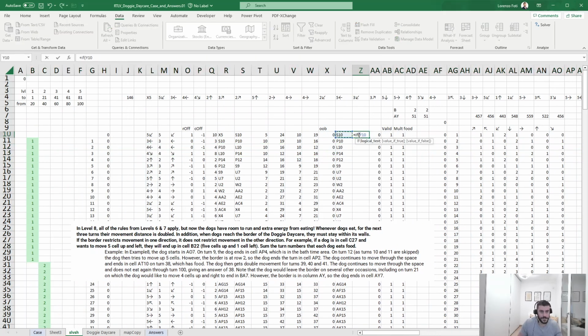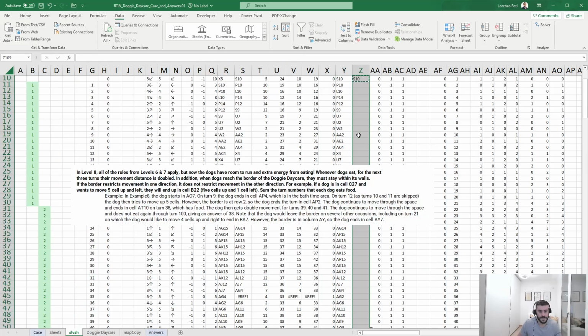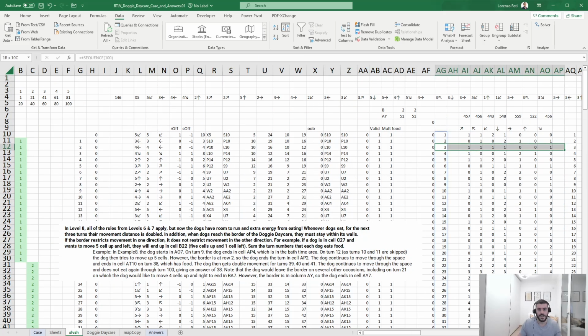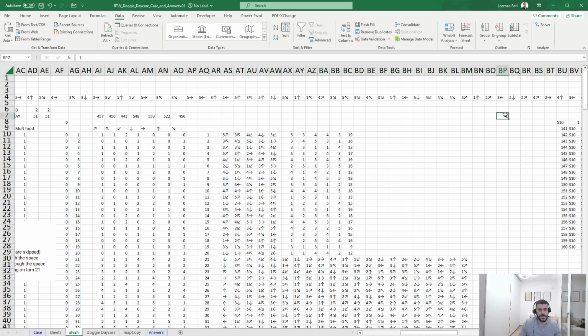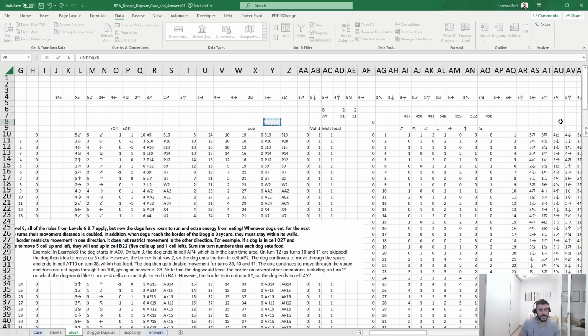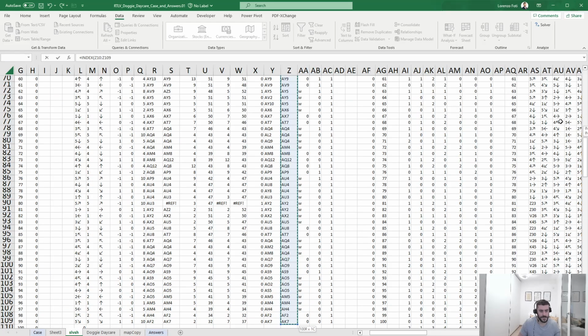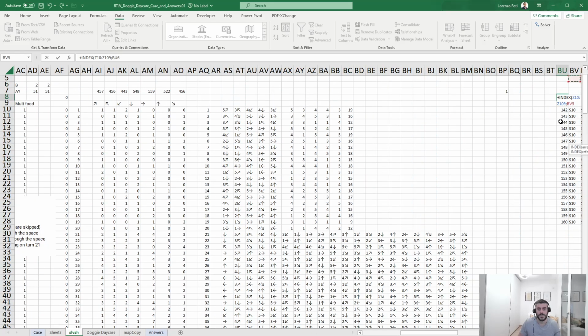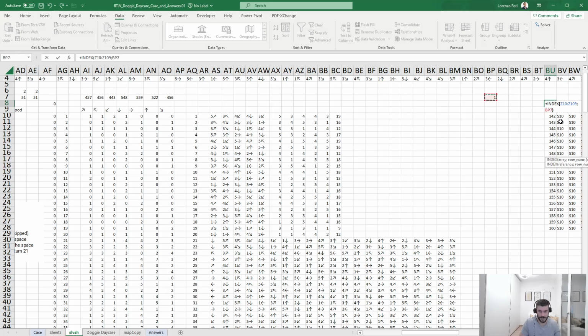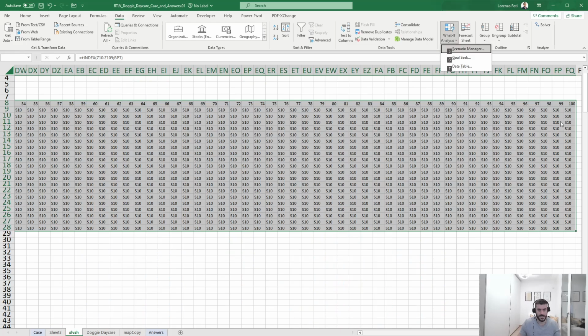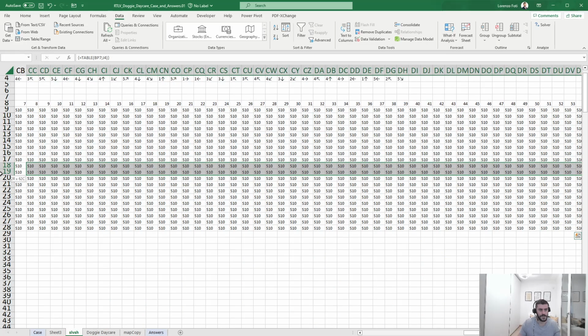So if the out of bound is 0, I take this one. Otherwise, I take this one. Okay, and then I can index this. So this will be the index of this row number, and then yes, I can say this is working.